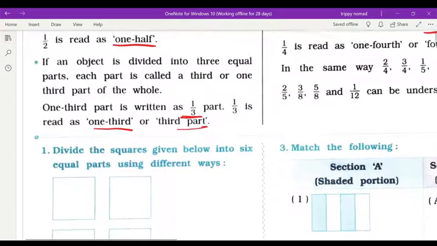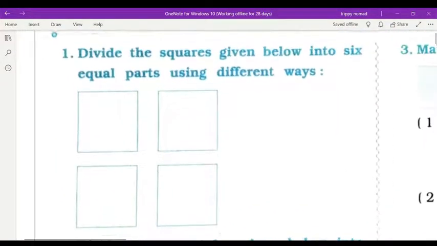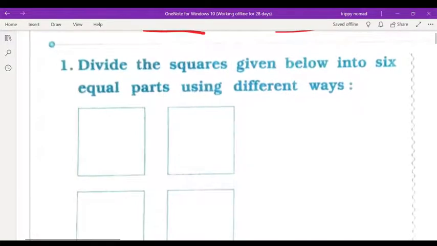Now we are going to start question number one. Divide the squares. Divide the squares given below into 6 equal parts using different ways. 6 equal parts, children. You can draw a line with the scale and take the help of the scale to measure.